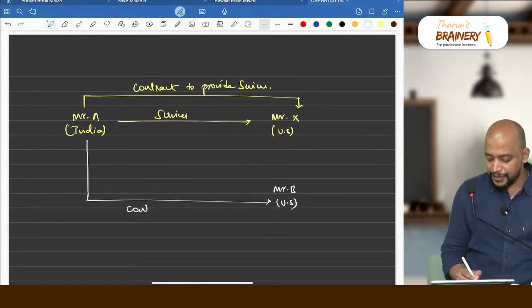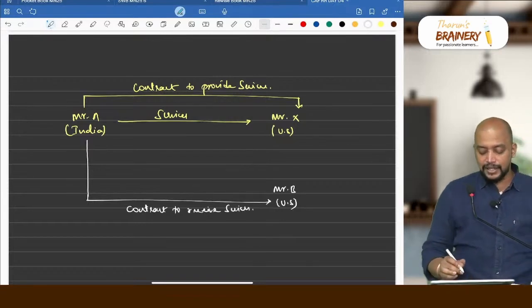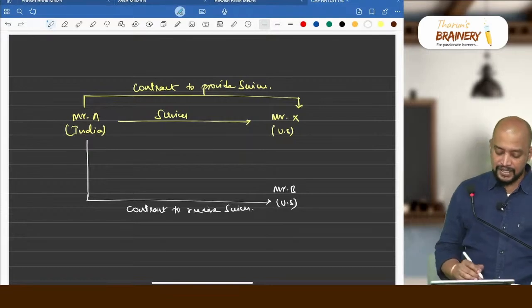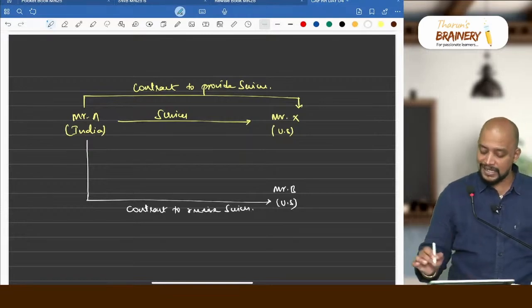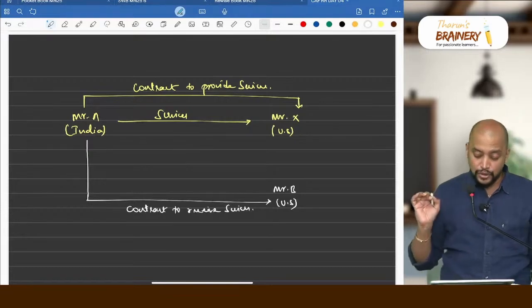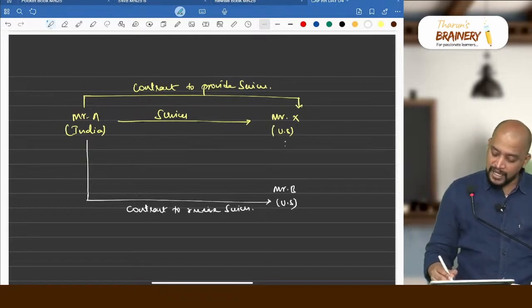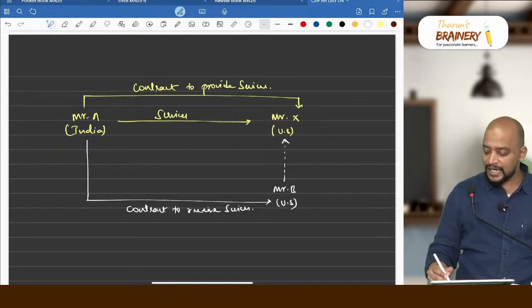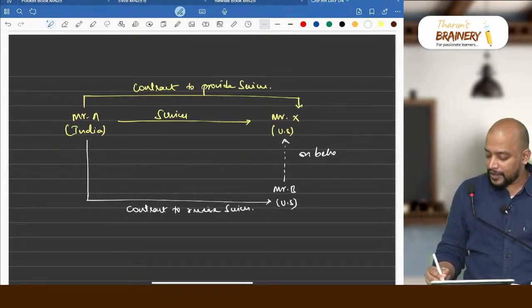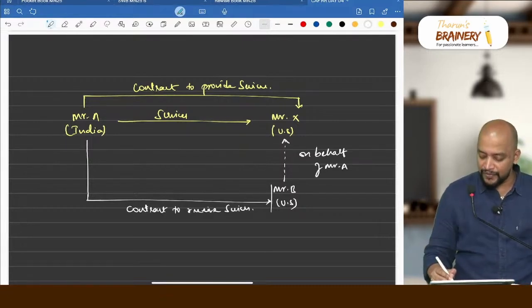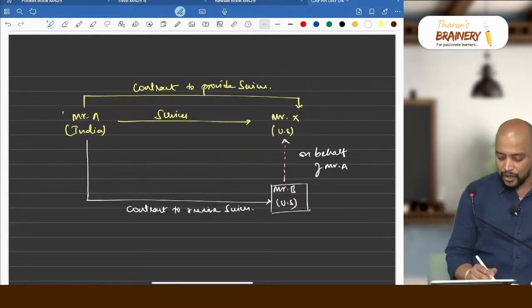A entered into a contract with B to receive services, wherein B should not provide services to A, but on behalf of A should provide services to X. Now you understood that there are two contracts.